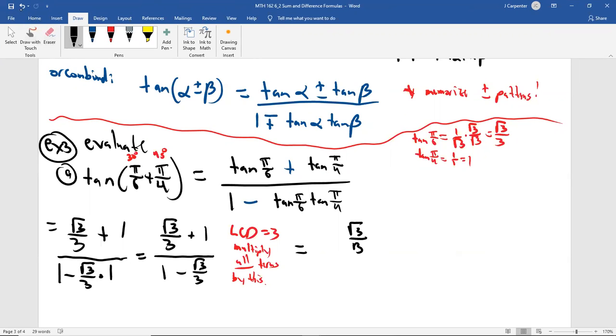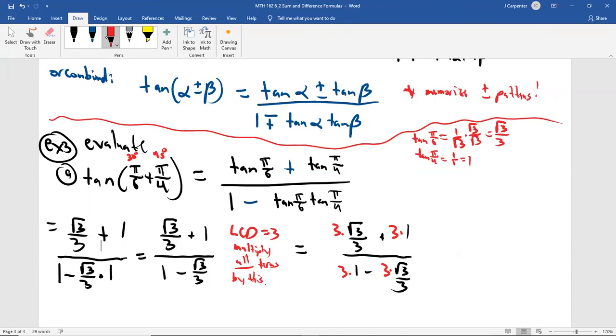That's a terrible looking 3. Like a B. So we're taking 3 times the square root of 3 over 3. 3 times the 1, 3 times this one, and 3 times this square root of 3 over 3. What I've done here is I multiplied top and bottom by 3. So I didn't break any basic algebra rules. Whatever I did at the top, I did at the bottom.